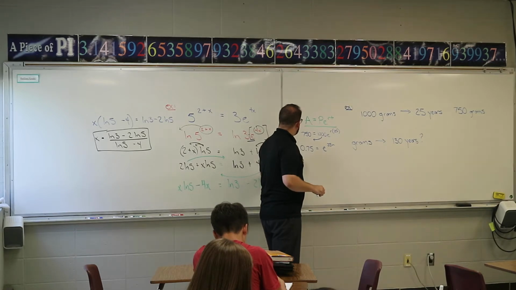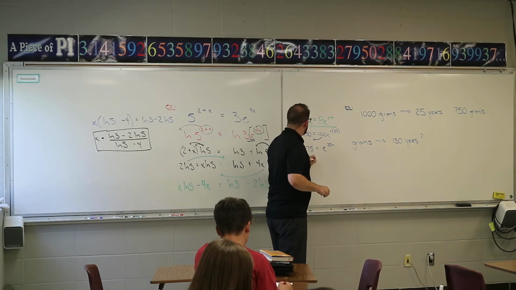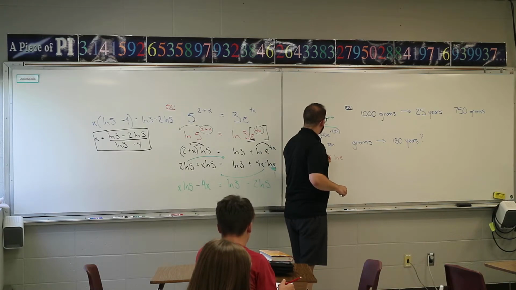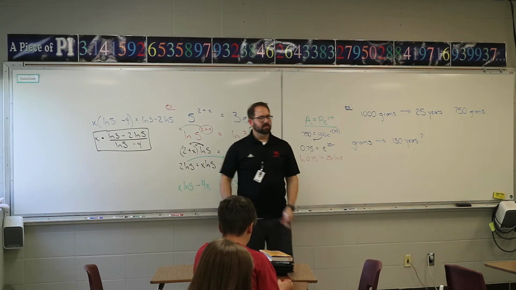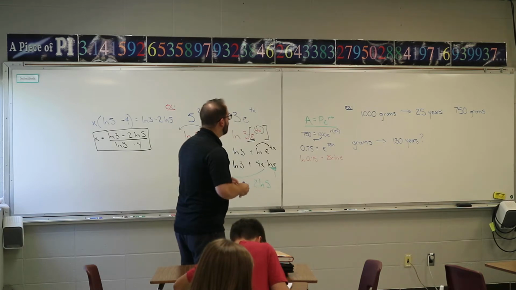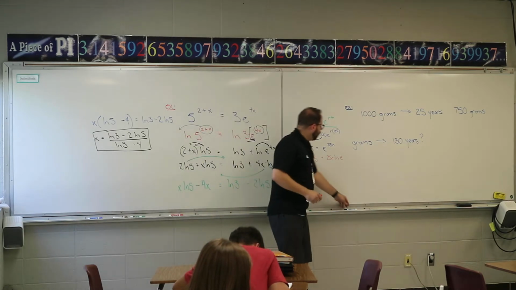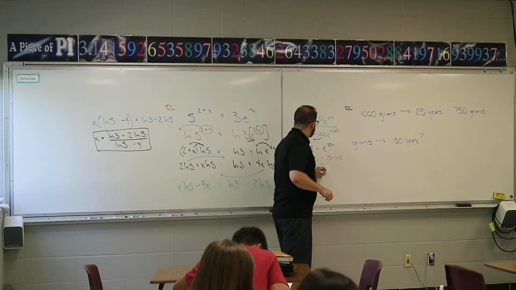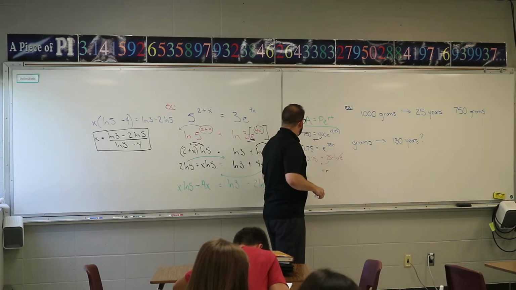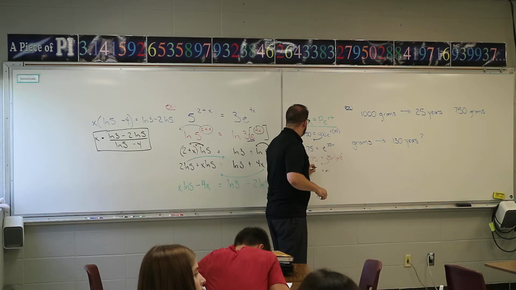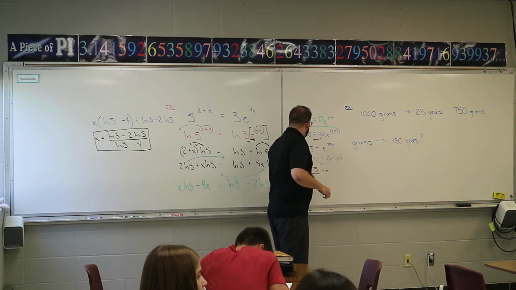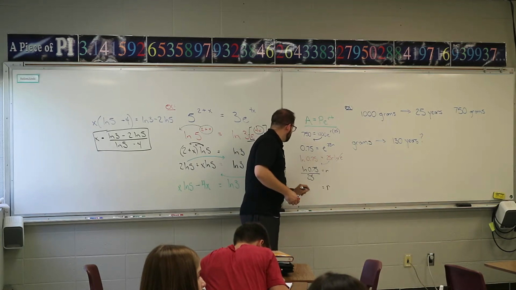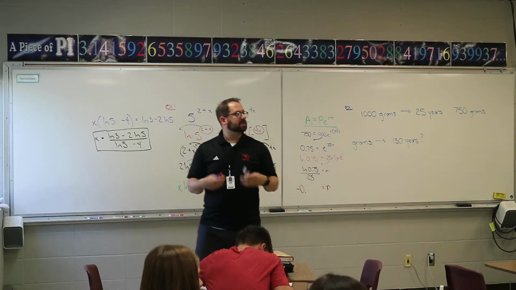So natural log 0.75. The natural log of e will make a 1, so that basically goes away. I'm going to divide by the 25. Now this rate that I'm going to get, the natural log of 0.75 divided by 25, is going to be a negative decimal on your screen. It's decaying, so it's got to be negative.